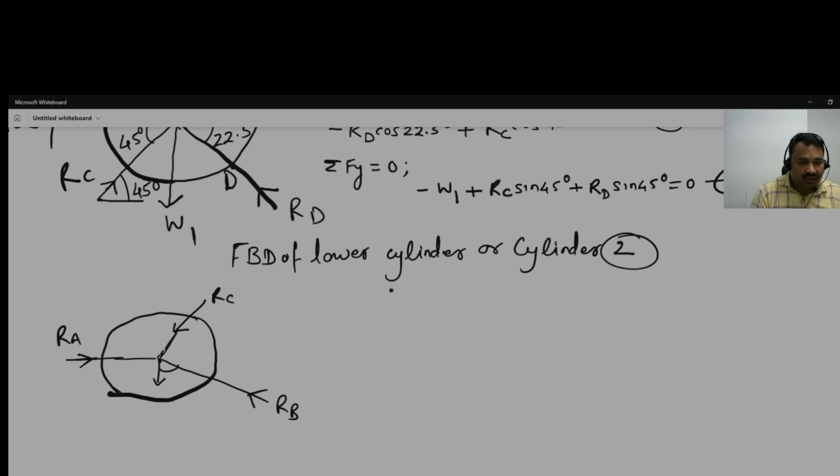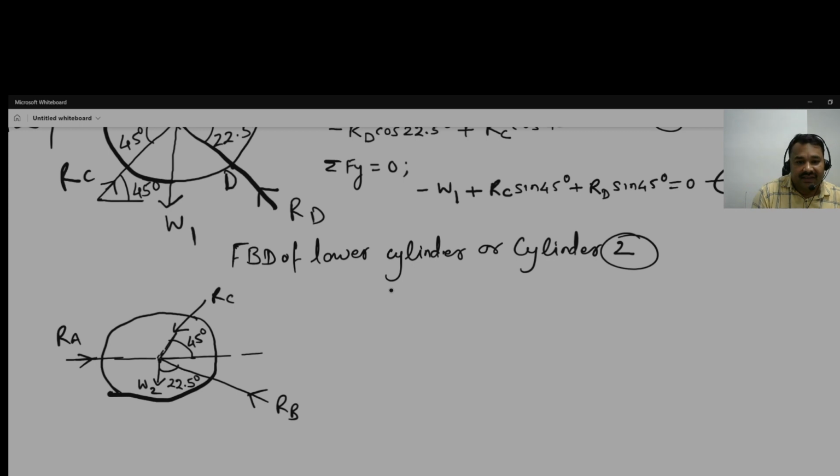This angle is 22.5 degrees, and the angle of RC with the horizontal is 45 degrees, and this is the W2.